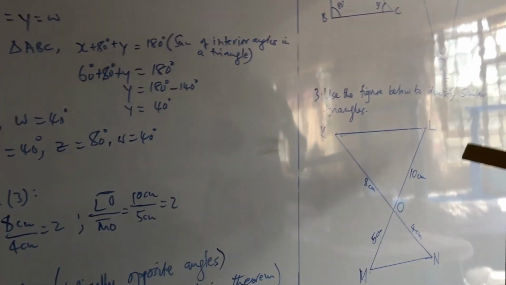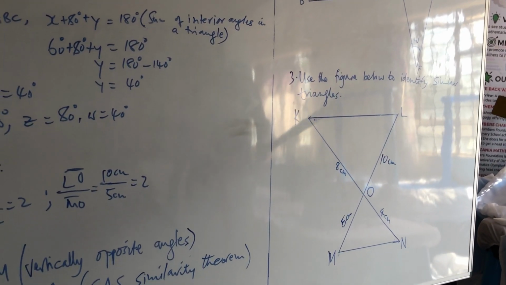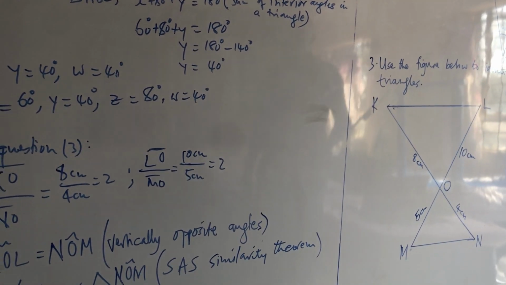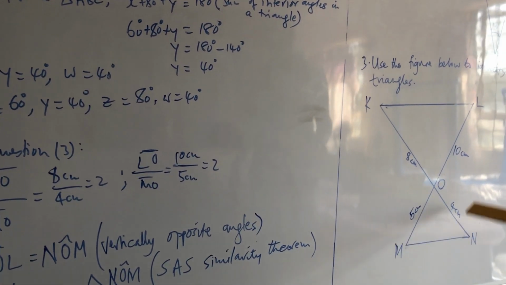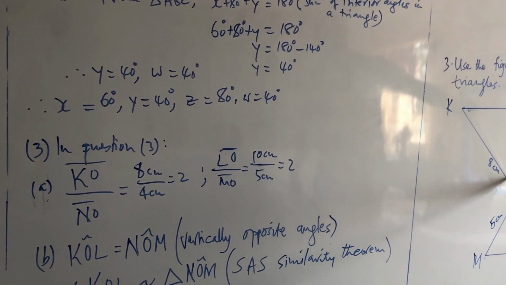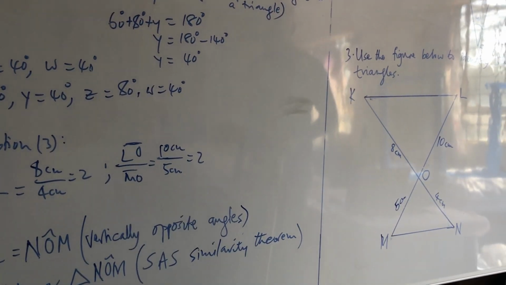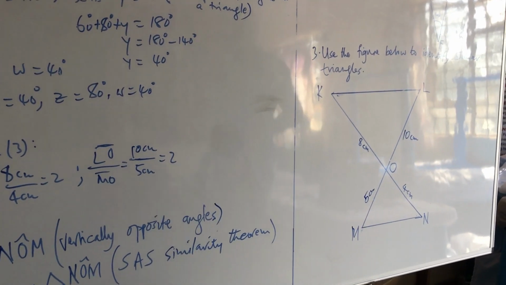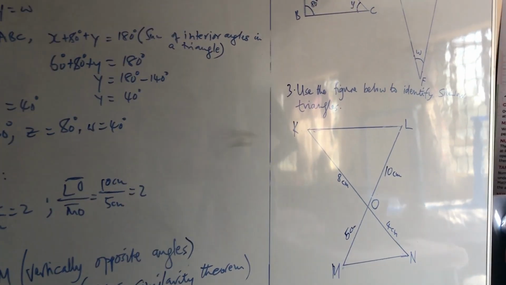Also, if we observe the angles, angle KOL is equal to angle NOM because they are vertically opposite angles. And we know that vertically opposite angles are always equal in size.